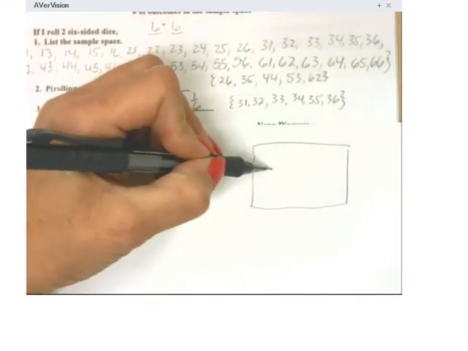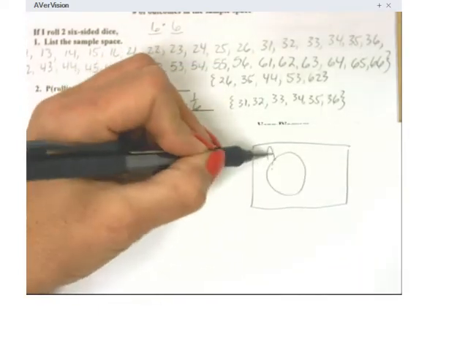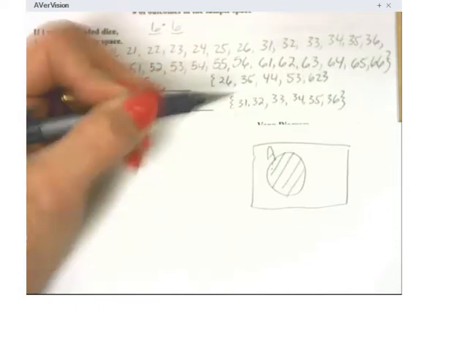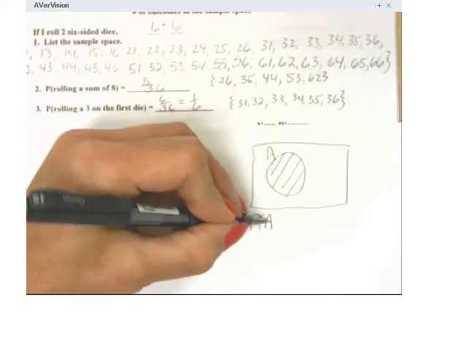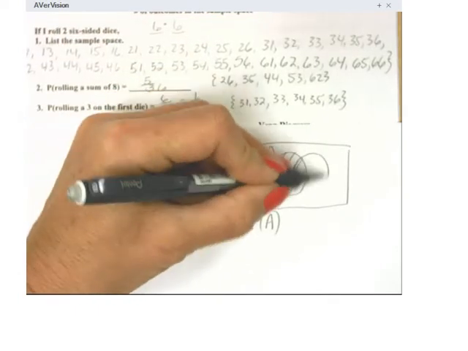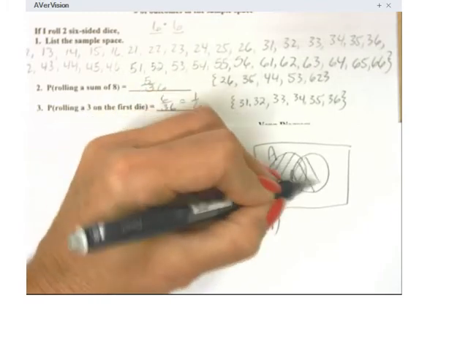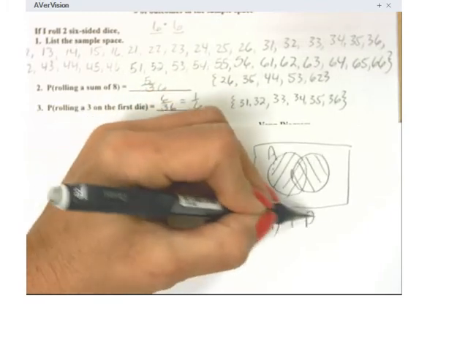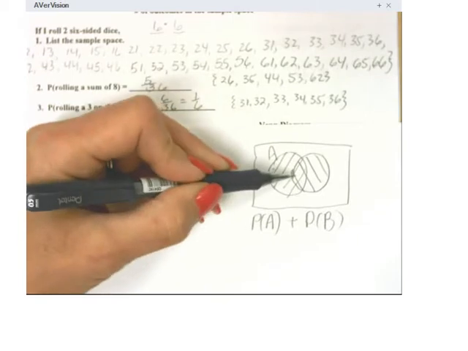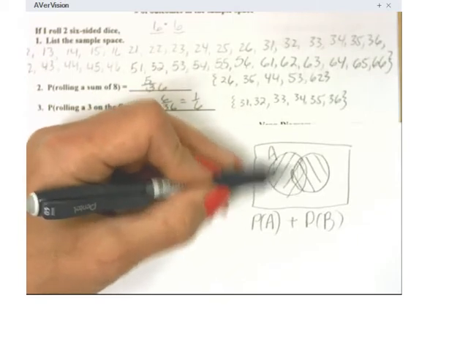If we want to find the union, again, I take the probability of A, and I find the probability of B, and I will add those together, but you can see if my two events can happen at the same time, I'm going to double count this region.